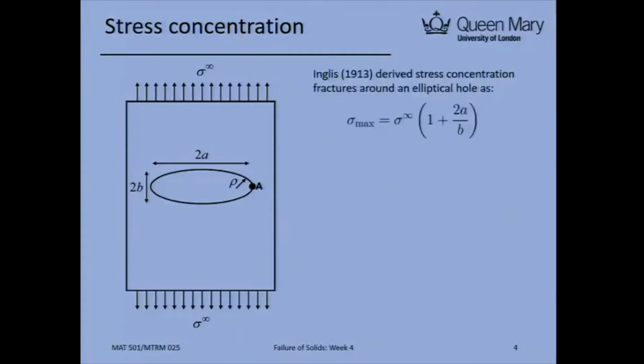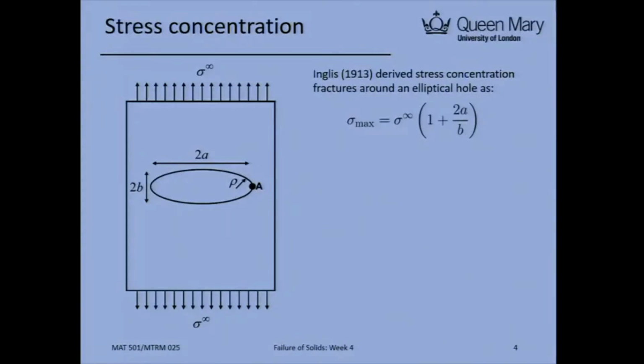Inglis, who is from Cambridge, I think, actually derived stress concentration 100 years ago. So it's a very old equation, but still valid. Basically, he worked out the stress at point A, relative to the remote stress, sigma infinite.